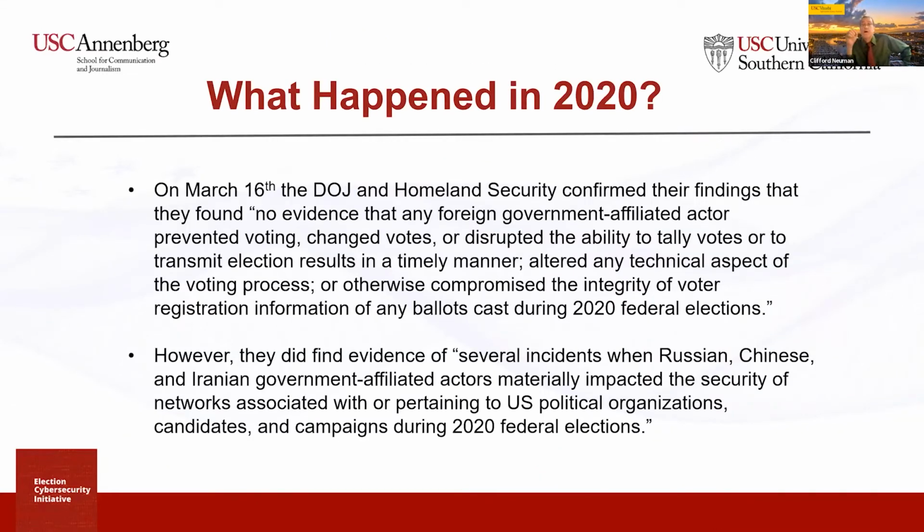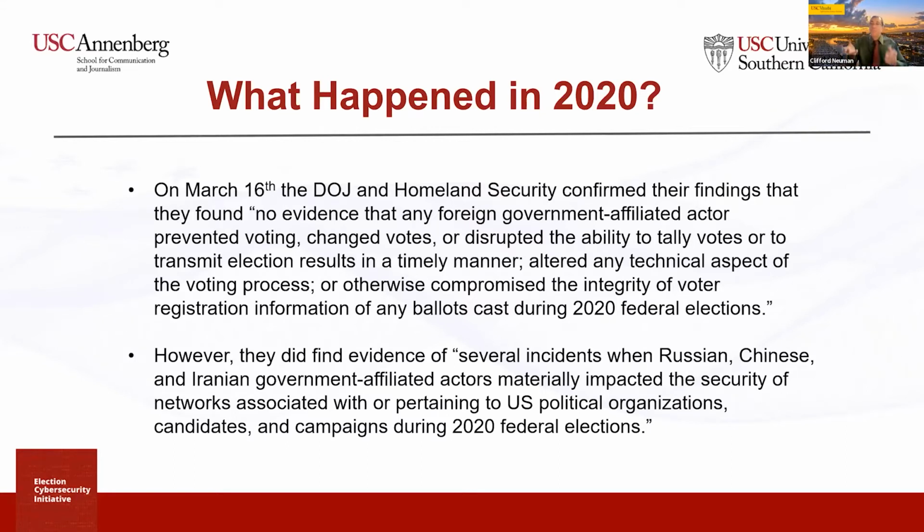So let's talk now about what really ended up happening in 2020. On March 16th of 2021, after the election, the Department of Justice and Homeland Security confirmed their findings that they found no evidence that foreign government-affiliated actors had prevented voting, changed votes, or disrupted the ability to tally votes or transmit those votes. However, they did find evidence of several incidents when Russian, Chinese, and Iranian government-affiliated actors did materially impact the security of networks associated with or pertaining to U.S. political organizations.